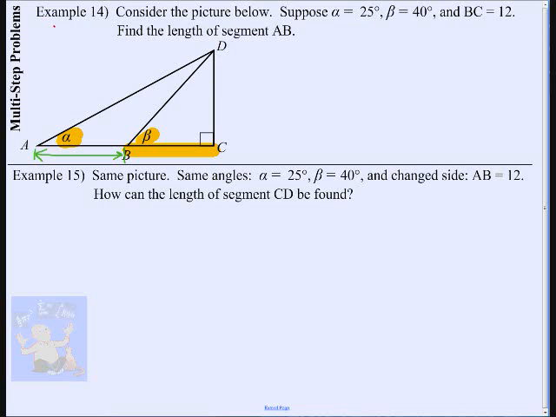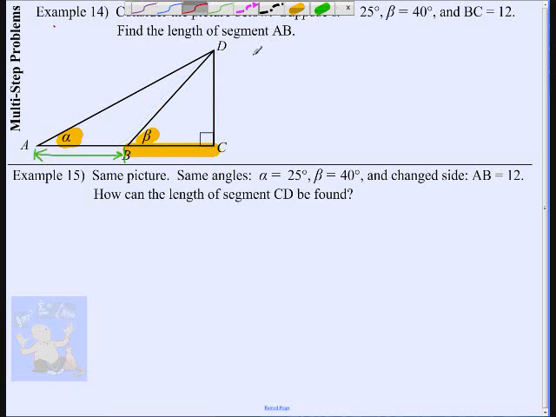So we're going to start with DBC. This one is the one. The triangle we're going to use is this one here, because that's the one that has the measurements that we need.